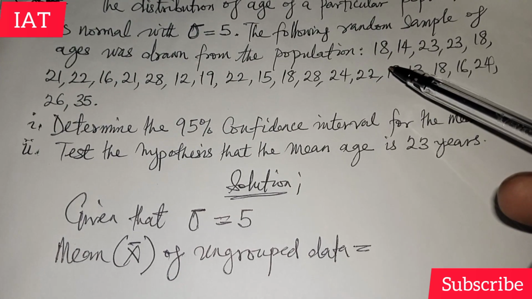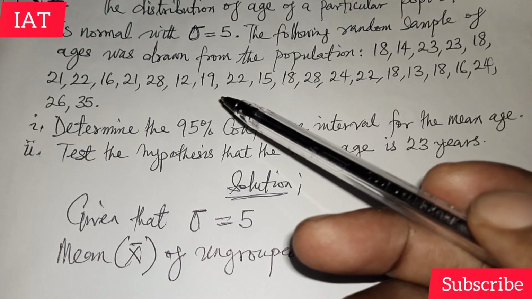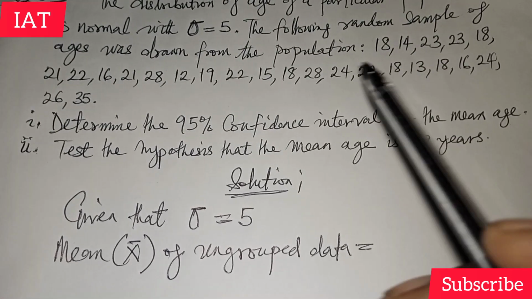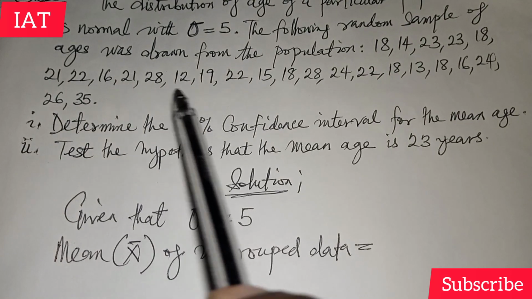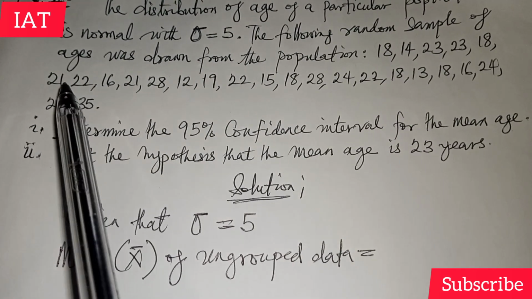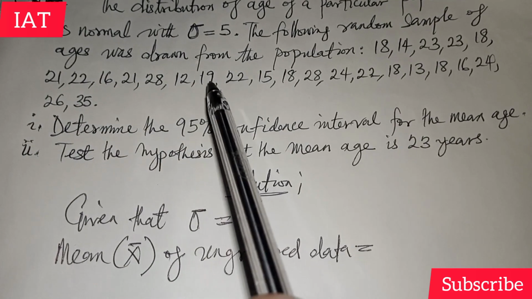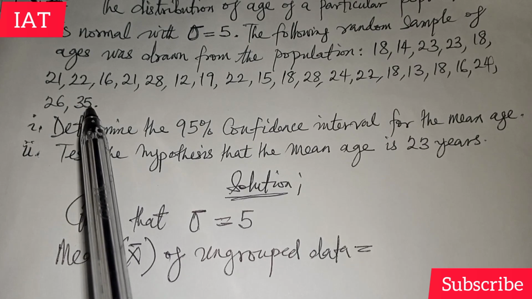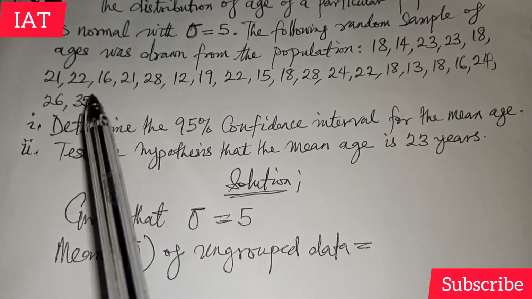We have been given these following samples. So what we need to do is to add up all of them and divide by the total number we have here. And if you count, we have 1, 2, 3, 4, 5, 6, 7, 8, 9, 10, 11, 12, 13, 14, 15, 16, 17, 18, 19, 20, 21, 22, 23, 24, 25. So the total number we have here is 25.